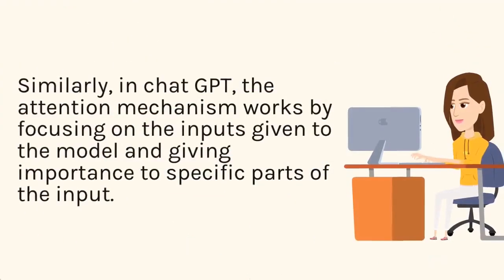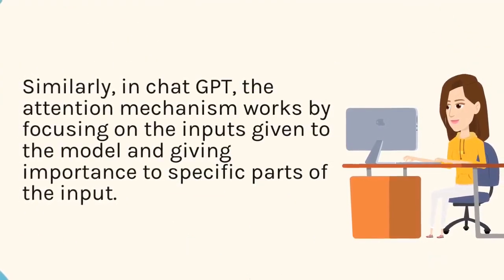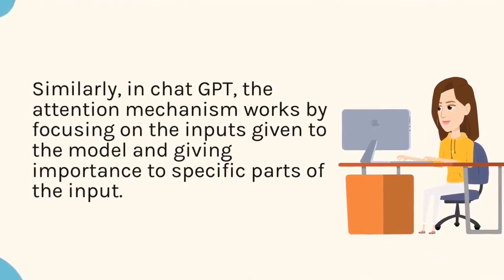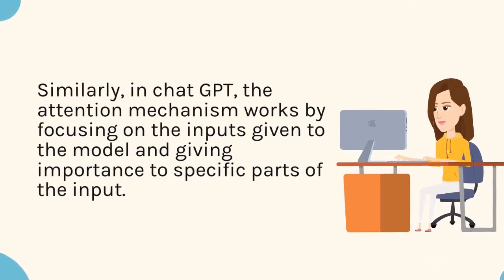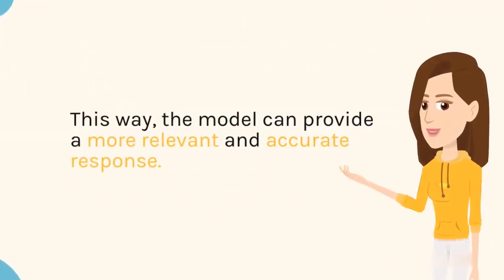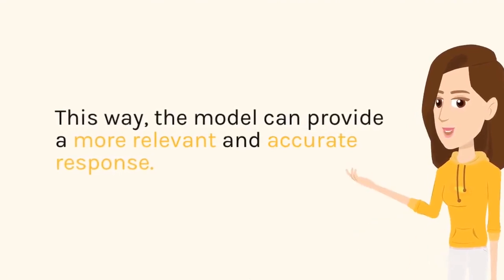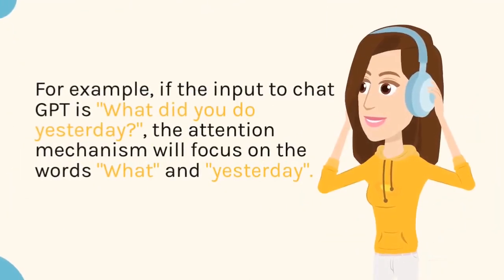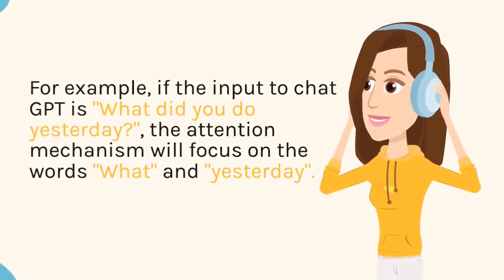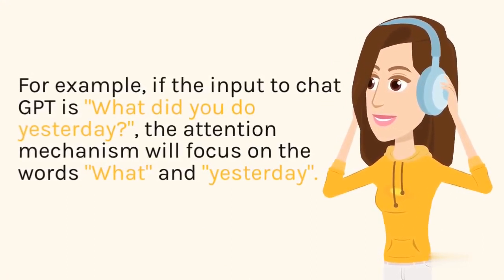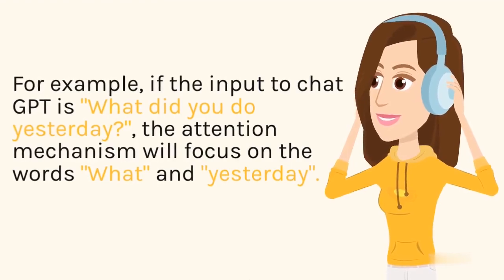Similarly, in ChatGPT, the attention mechanism works by focusing on the inputs given to the model and giving importance to specific parts of the input. This way, the model can provide a more relevant and accurate response. For example, if the input to ChatGPT is "What did you do yesterday?" the attention mechanism will focus on the words "what" and "yesterday."